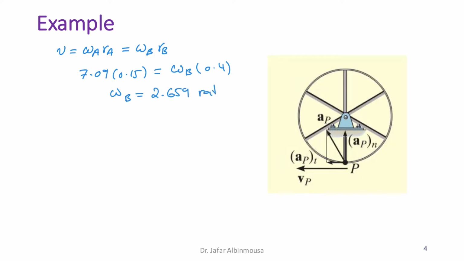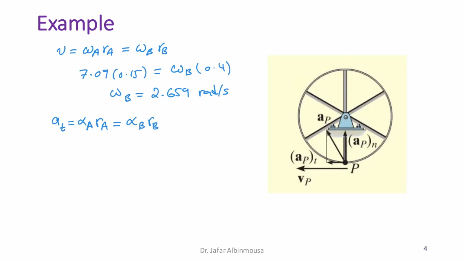So we can find omega B, which is equal to 2.659 radians per second. We can also find the acceleration, which is the tangential acceleration, a_T, and this is going to be equal to alpha A R_A, which is equal to alpha B R_B.